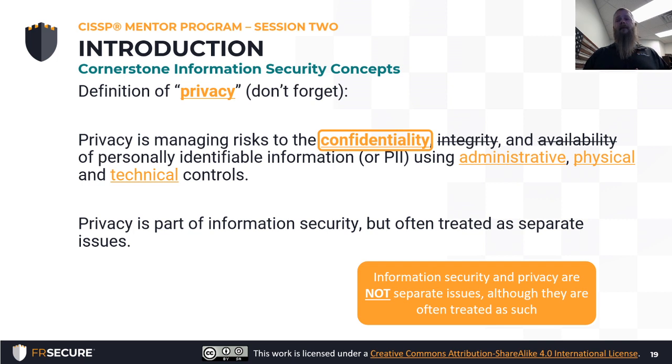HIPAA is a classic example. With HIPAA, there's three rules, right? The privacy rule, the security rule, and the breach notification rule. The privacy rule was the one that, when HIPAA was originally ratified or approved in 1996, though it wasn't until 2003 that it all became finalized, was immediately adopted and enforced because of the legal consequences if we didn't. That's about the same time that everybody had to start filling out all sorts of forms in hospitals and clinics.